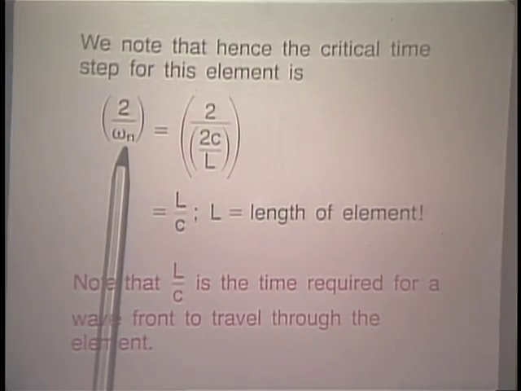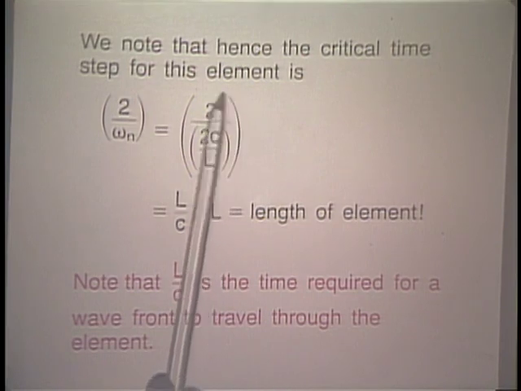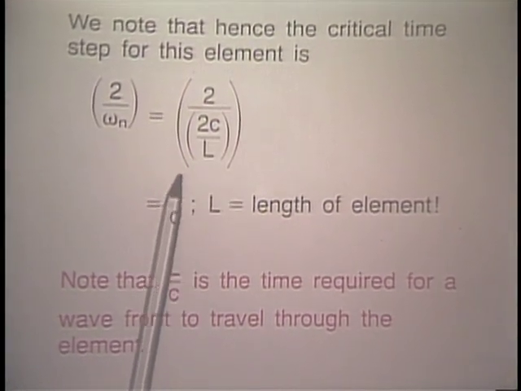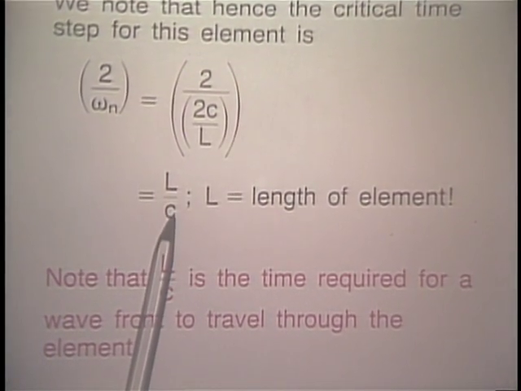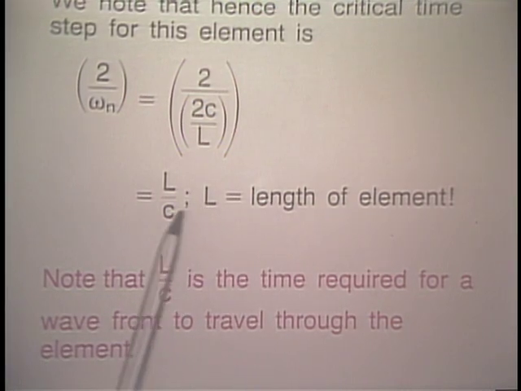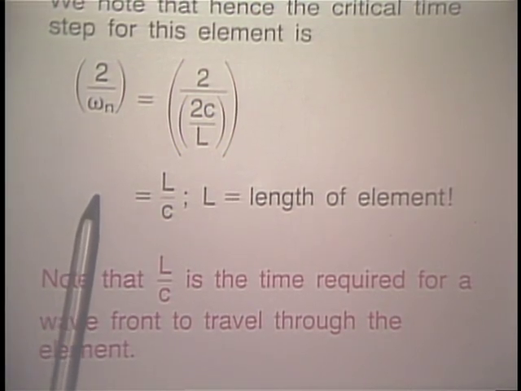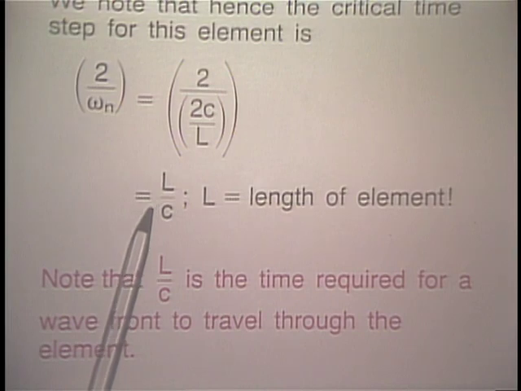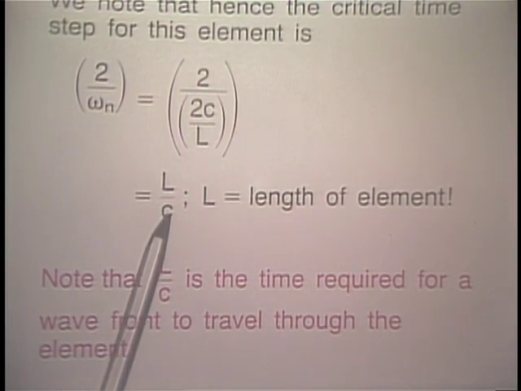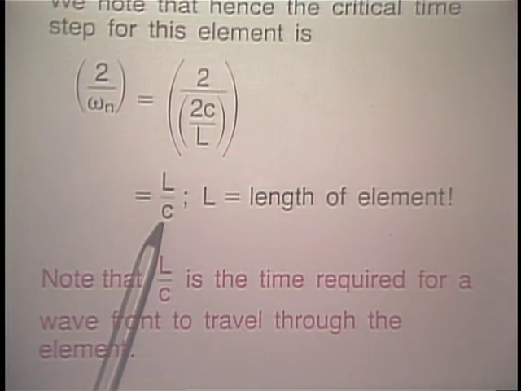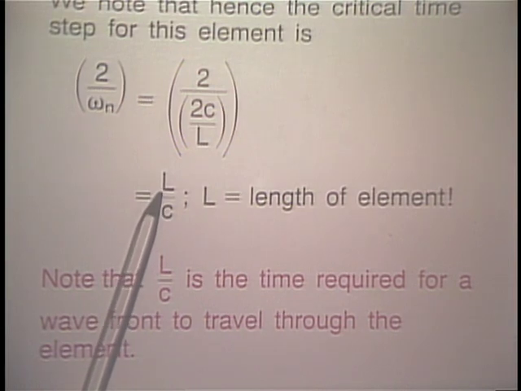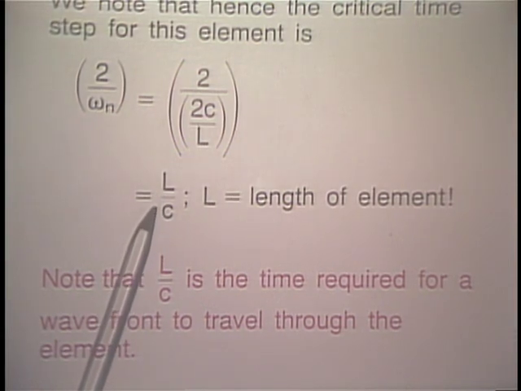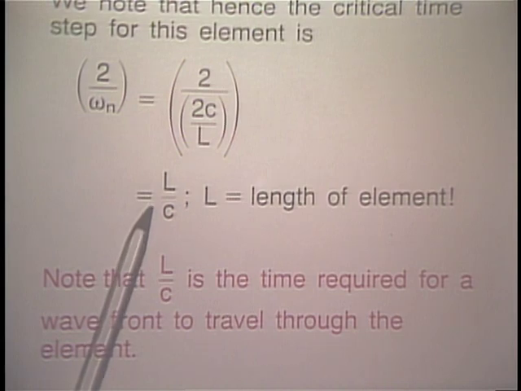In other words, we simply take 2 over omega n, which is written here, and we recognize that L over c, where L is the length of the element, is the time step that we can use in the analysis. Notice L over c, we want to use the smallest value of L over c coming from all of the elements.